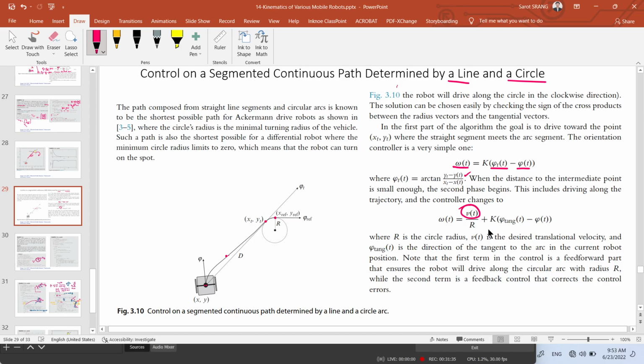And this part is for correction for some uncertainty. So this is kind of a feedback, okay, for correction when there is uncertainty or some error, due to the dynamics of the feedback. And we can say that this part is feed forward, and this part is feedback.